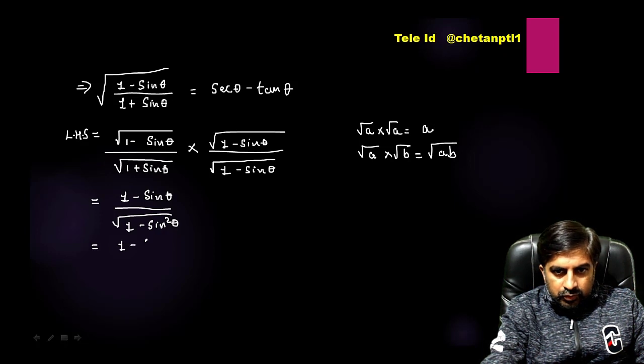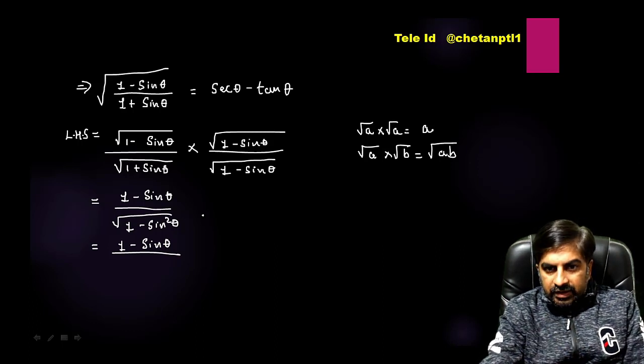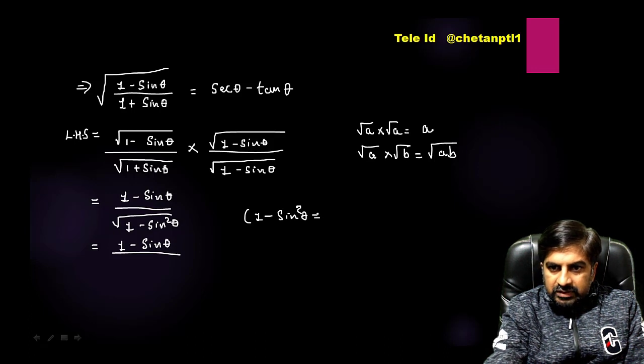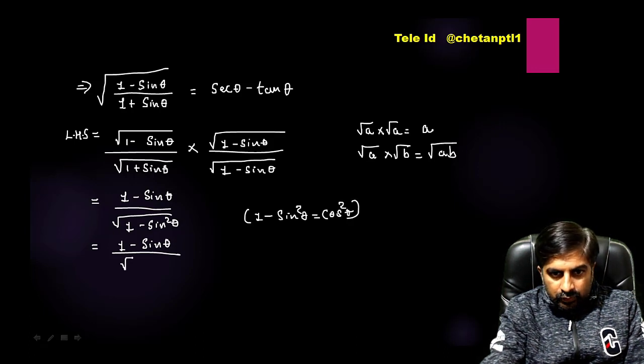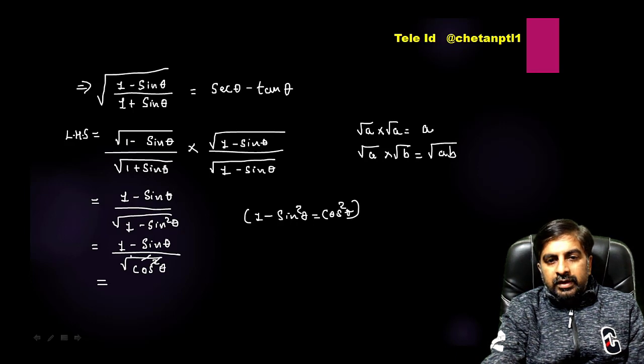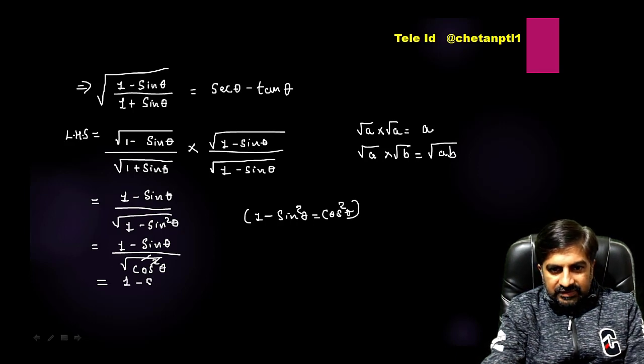How? Let me show you. 1 minus sine theta in the numerator, and in the denominator 1 minus sine square theta. Again we know that 1 minus sine square theta is equal to cos square theta. So here I am going to keep under root cos square theta. Now I can cancel the root and square. So now I got 1 minus sine theta by cos theta.